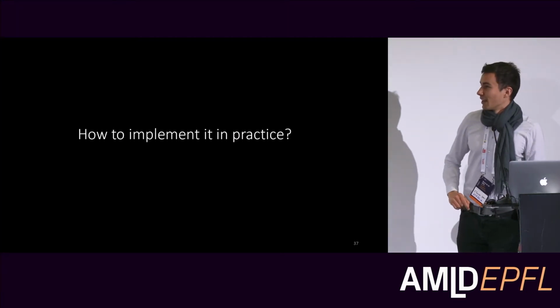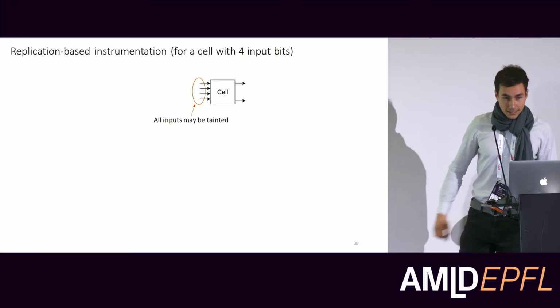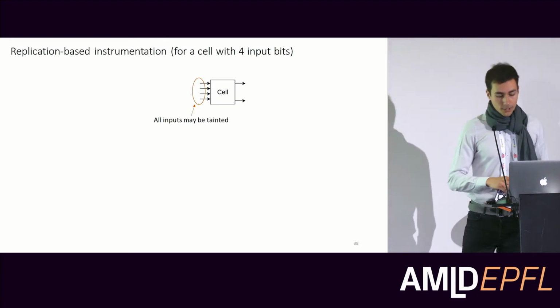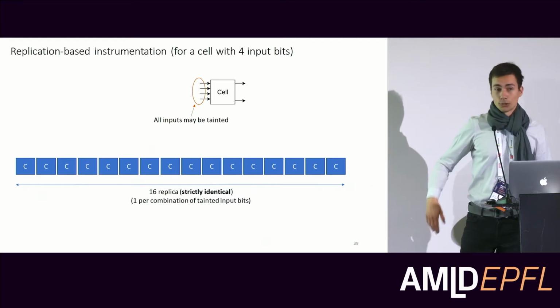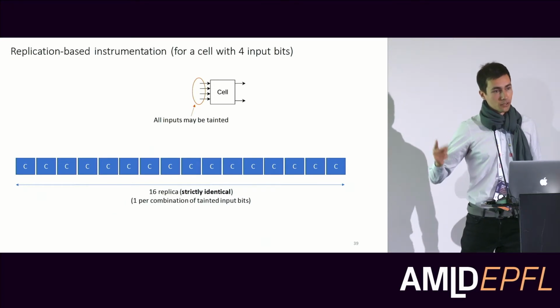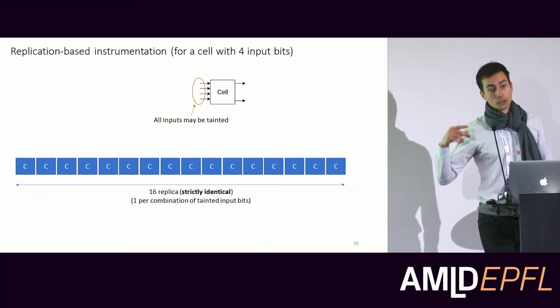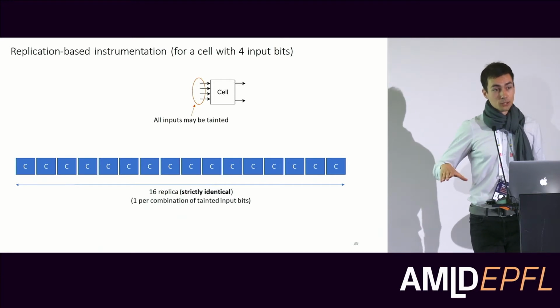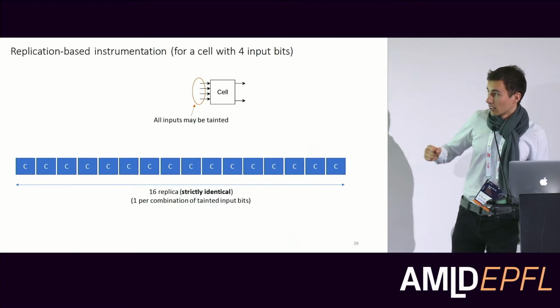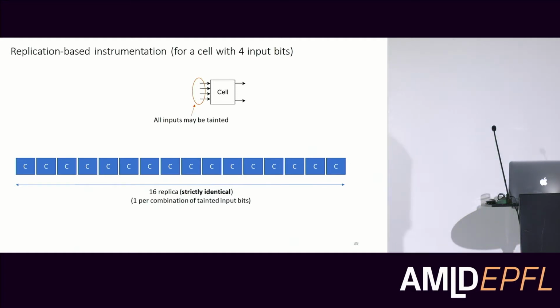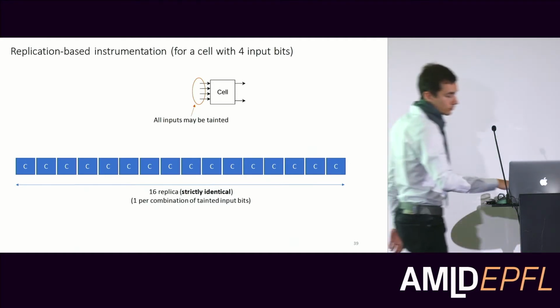Okay. In hardware, what is really nice is that you can do everything in parallel, right? We just have here 16 instances. Why 16? I showed you only 2 tainted inputs. The problem is you don't know when you synthesize what will be tainted, because this is something that is dynamic. So I replicated 16 times, so I can do all the combinations of inputs.